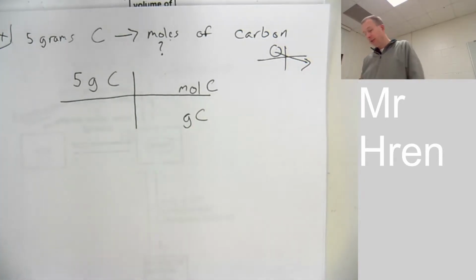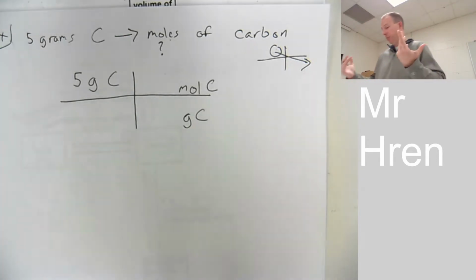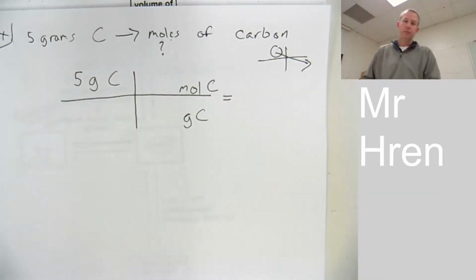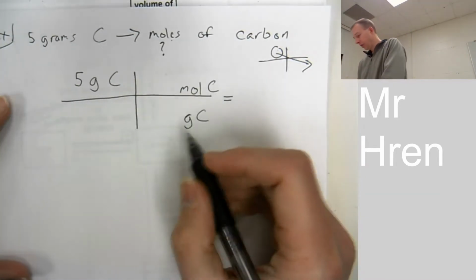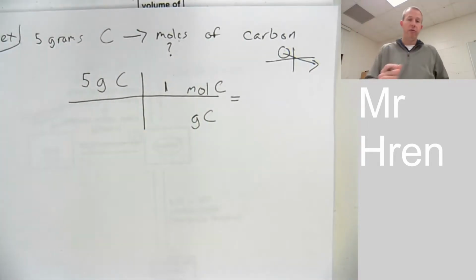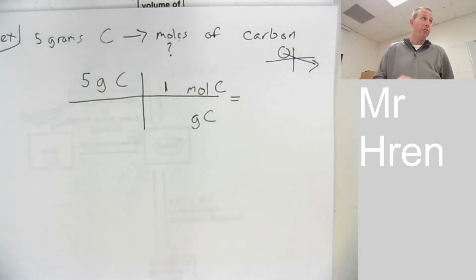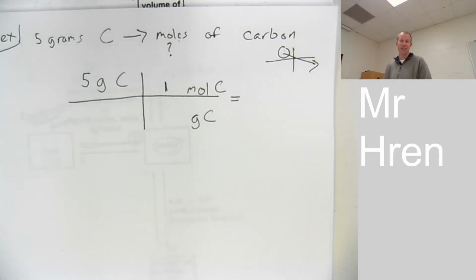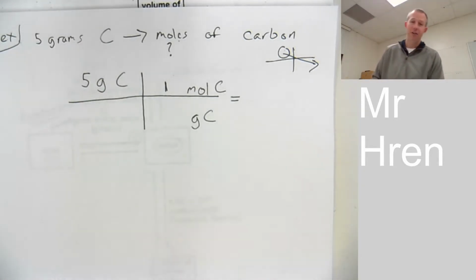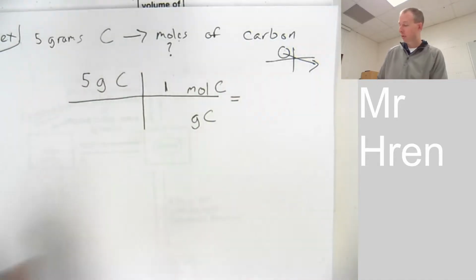And then now you're like, all right, what numbers am I writing? What the heck am I putting in here? Well, for mole, you're always going to put a 1 in front of mole right now. Next semester, later on, that's not going to be the case. But for right now, that's the case. So 5 grams of carbon, 1 mole of carbon.